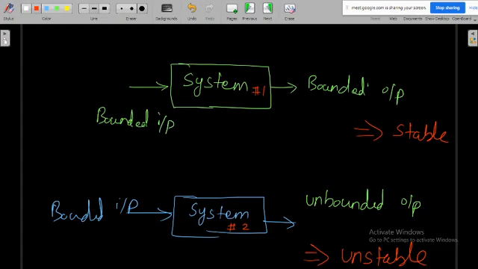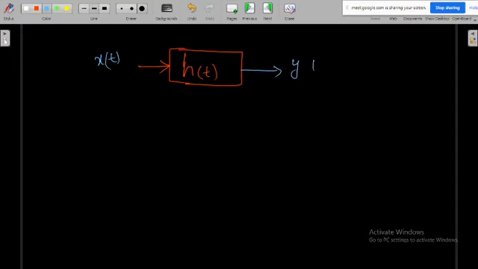Again, what do we mean by bounded input or bounded output? In general, the system properties are mathematically denoted with the help of h of t. h of t is the response of the system, the transfer function of the system, and say x of t is the input of the system and y of t is the output of the system.